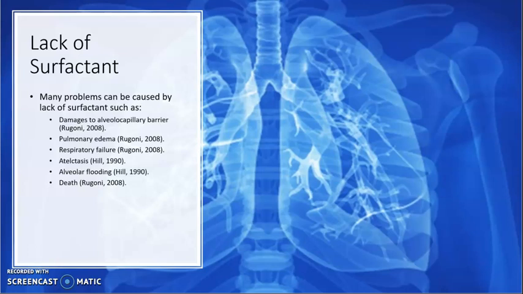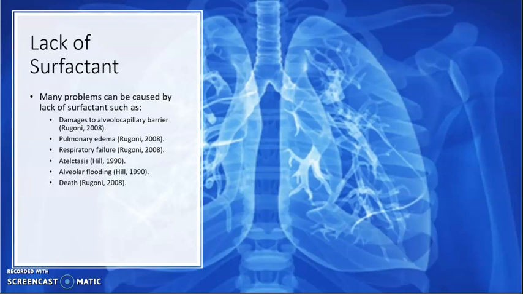So doctors have to compensate for the lack of surfactant by supporting them and giving them, for example, surfactant through a breathing tube, or some of the many other clinical trial experiments that they've done with treating lack of surfactant.